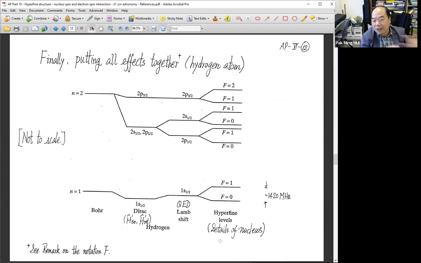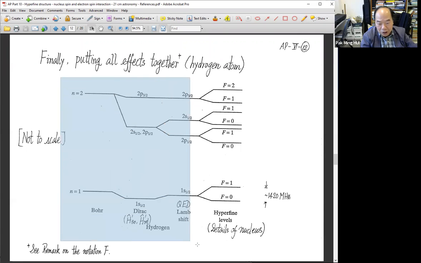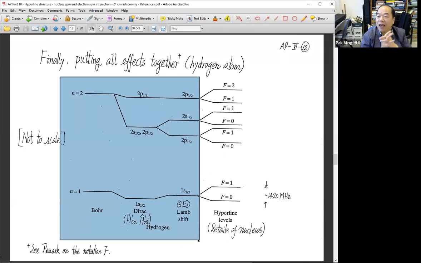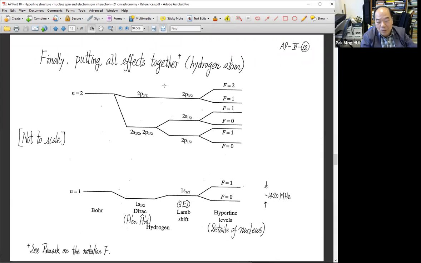So let me summarize the picture one more time. At the beginning of the discussion, we were here, okay? Hyperfine splitting here, relativistic effect, but vacuum effect here, all right?